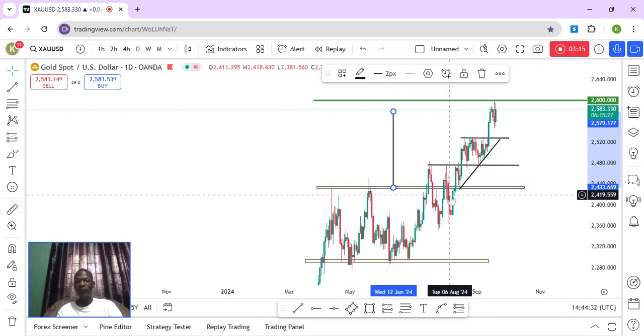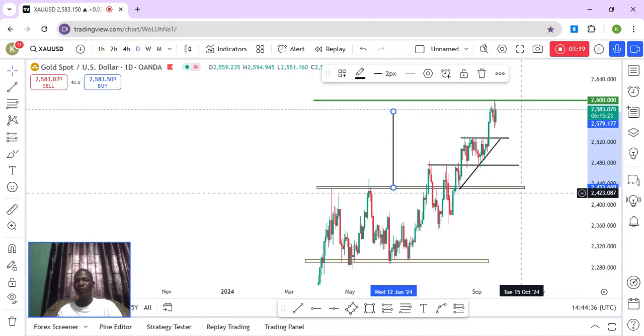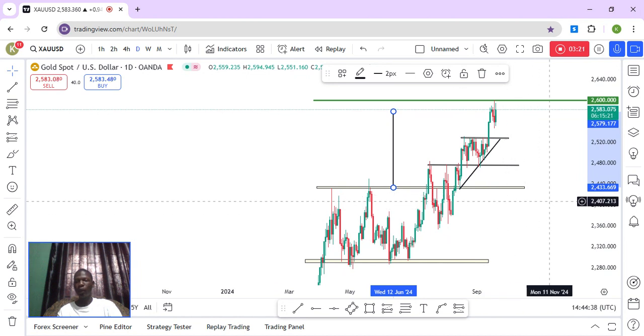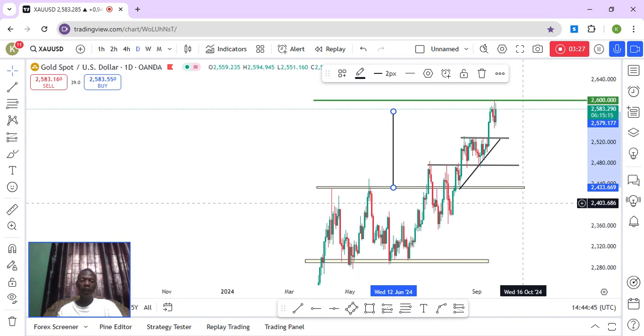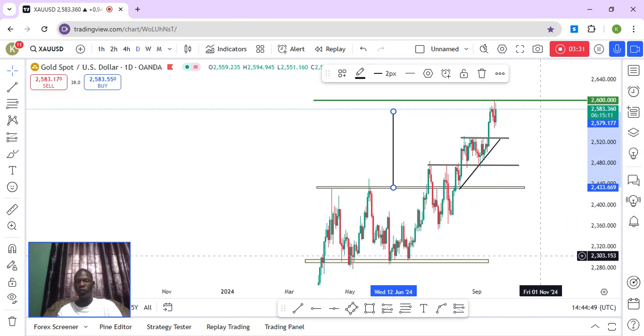The market was priced in within the 2,433 dollar per ounce level and the 2,300 level. So the market broke out of it, and the next level target was this.